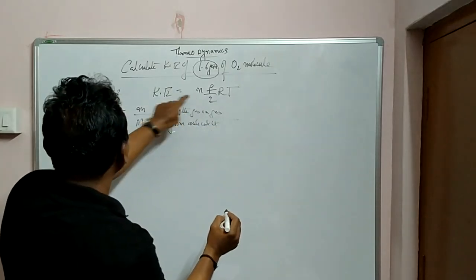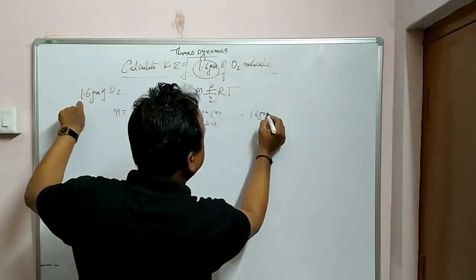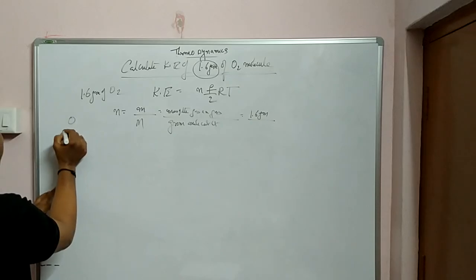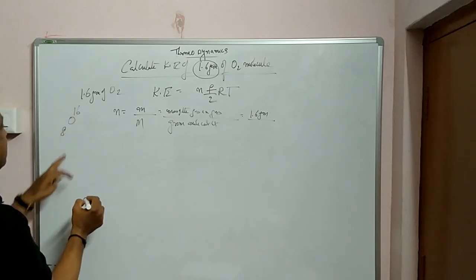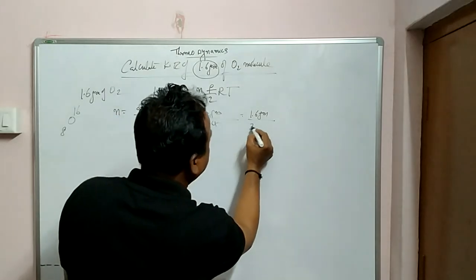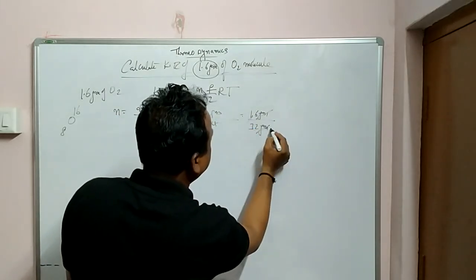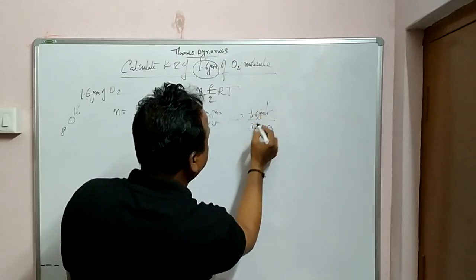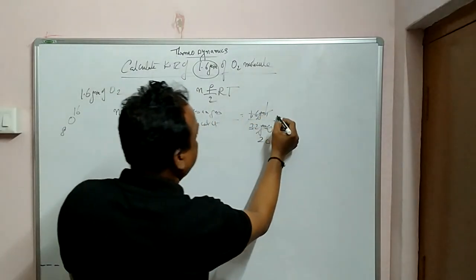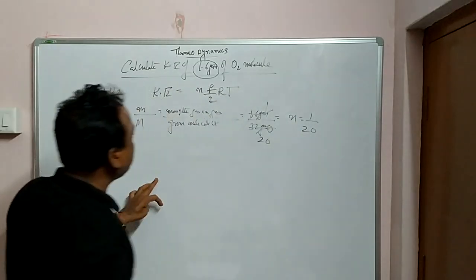The mass given is 1.6 grams. The gram molecular weight of oxygen: mass number 16, O2 is 16 times 2, so 32 grams. Grams cancel, take the decimal point and a zero down: 16 ones are 16, 16 twenties are 320. So the number of moles n is equal to 1 by 20.